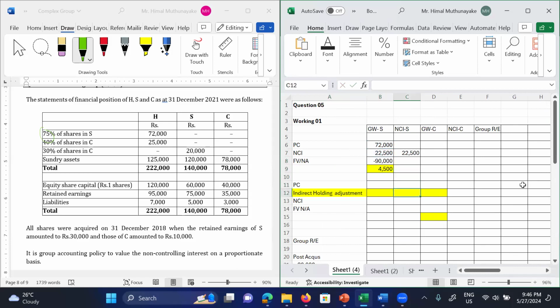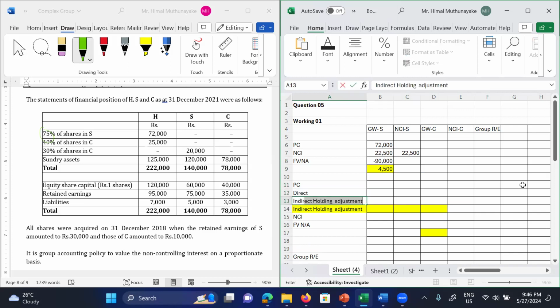Then the next one, this is the hard part, goodwill for C. So goodwill for the subsidiary in the mixed group, how are we going to calculate it? When it comes to the purchase consideration, there will be a direct purchase consideration as well as an indirect purchase consideration.